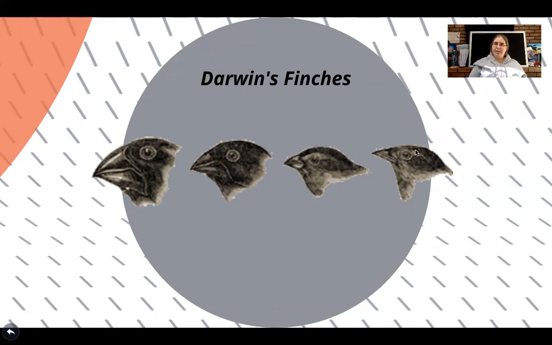Again, he studied them, he learned their habits, and especially he focused on their diet, because he noticed that on an island that had a lot of harder nuts like acorns, a lot of hard tree nuts, you tend to see the finches with the larger beaks. But if small insects like termites or ants were the primary food source, you saw the smaller beaks.